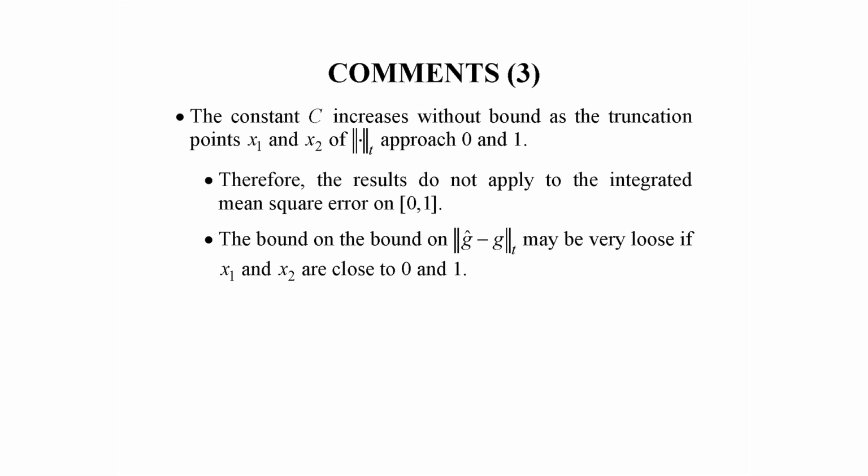And if the bounds on this truncated norm approach 0 and 1, the constant increases without bound. Now the authors think that this may be an artifact of their method of proof. That's not clear. But at least as it stands, this truncated norm is essential, so it's not innocuous, and you don't get the result in the usual norm.